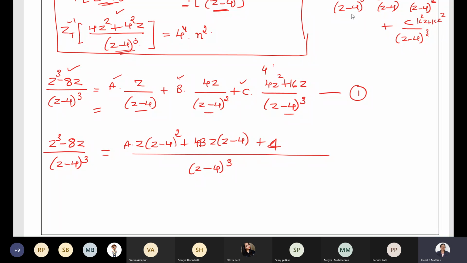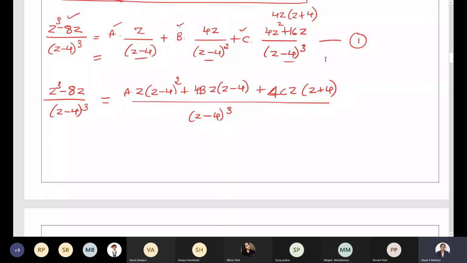If I take 4z out, z plus 4 remains, so it will be 4cz into (z plus 4). This is what remains after taking the LCM.